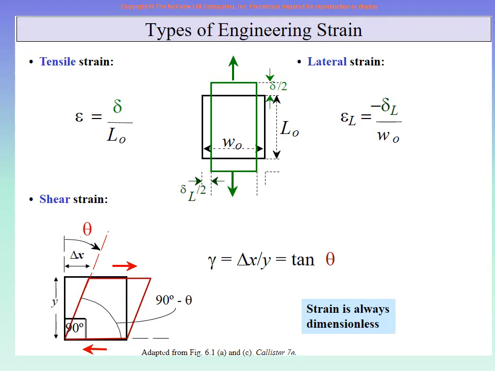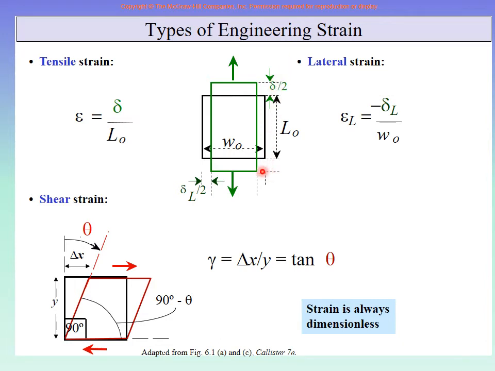You see the tensile part. This black portion was there. Under tensile load, it became green in color. So the original length was L naught, the original width was W naught, and it changed by a total size of delta. So delta by 2 there, delta by 2 there.